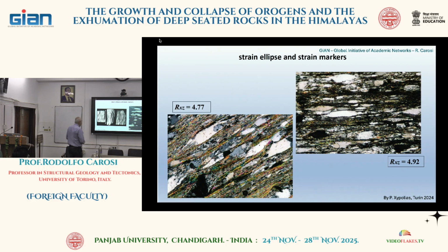In the first years, strain was calculated using fossils, with a trilobite distorted by shortening in this direction, elongation in this direction, shear strain here, because they have a strong symmetry, and so you can also calculate the gamma value. But the problem with fossils is that they are on the bedding surface, not on other surfaces. So you cannot take advantage of the 3D dimension.